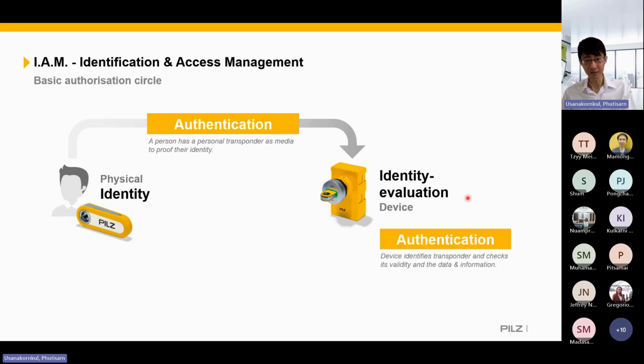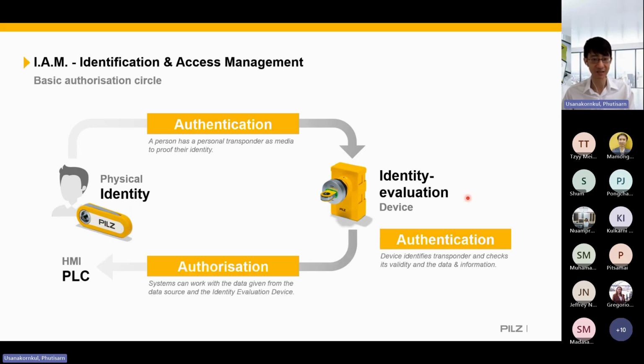You plug it in to your PID reader, and the PID reader will do the authentication to see if this transponder has the right access. If he doesn't have the right permission, then he is disallowed to access that part of the machine, for example. But if he has the right access, then he is authorized to access the HMI or PLC, for example, or maybe access certain parts of your machine. So that is the general workflow for our IAM system.